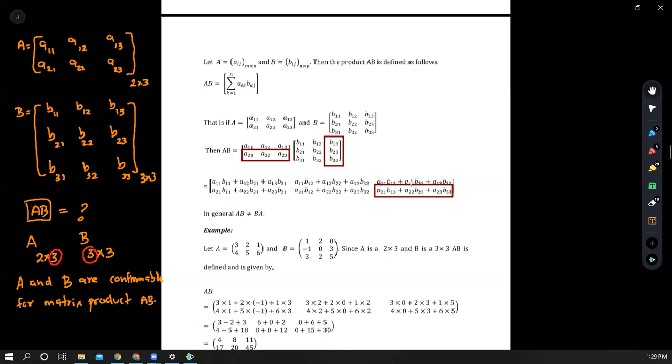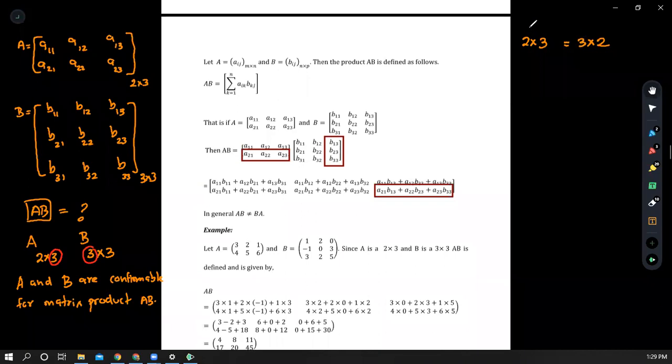When we are discussing concepts in algebra, what we have learned is simply that if you take 2 multiplied with 3, this is generally equal to 3 multiplied by 2. This is the general thing that we know when dealing with algebra.